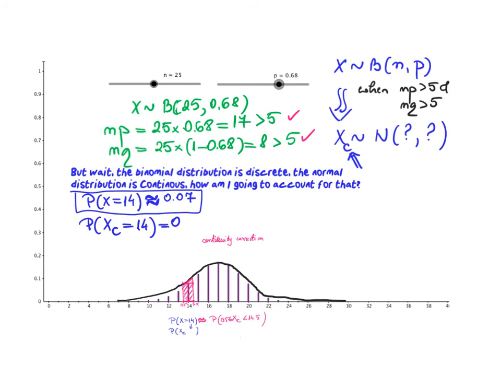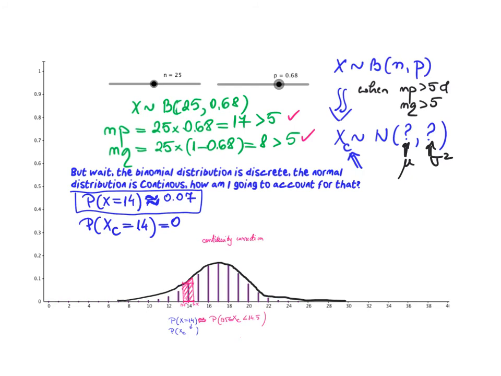Okay, so we now know when we can estimate, and we know the continuity correction. What will be the mean and the variance of the normal distribution? That question should be very simple, because we say that we can estimate x well by xc. It means that the mean of the binomial should be the same as the mean of the normal, and the variance of the binomial should be the same as the variance of the normal.